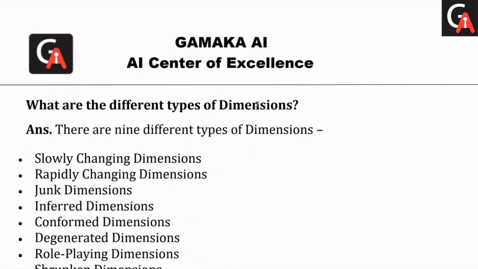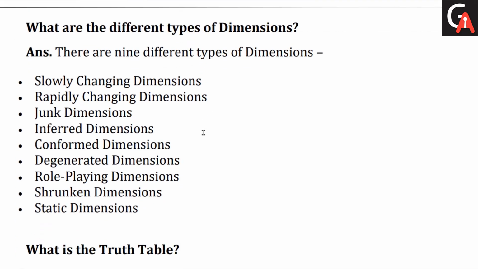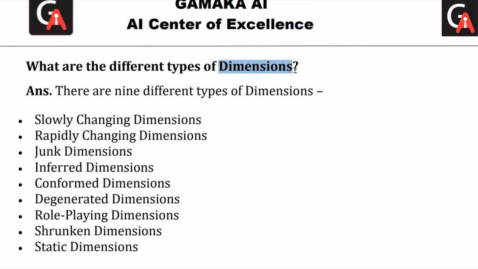Clear? Next question we have for the day: what are the different types of dimensions? So we have slowly changing dimensions, rapidly changing dimensions, junk dimensions, inferred dimensions, conformed dimensions, degenerate dimensions, role playing dimensions, shrunken dimensions, and static dimensions.